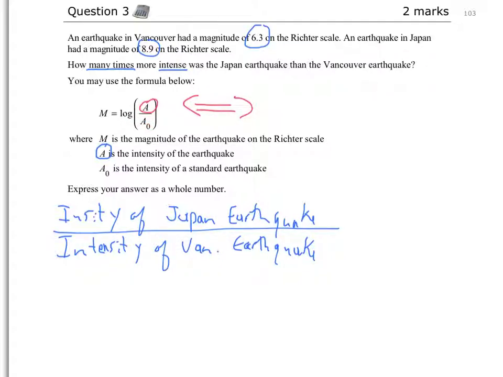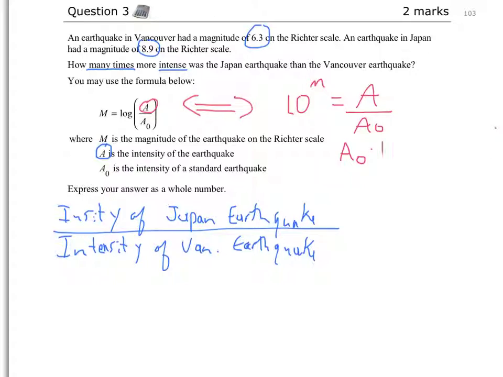So 10, which is my base, to the power of M should equal A divided by A0.